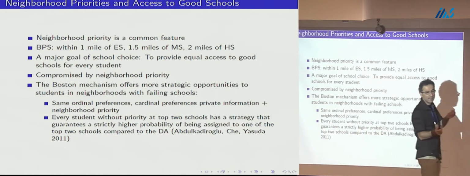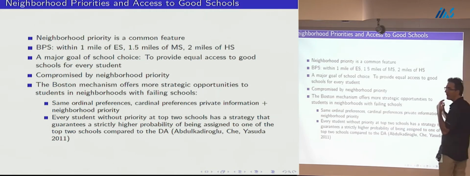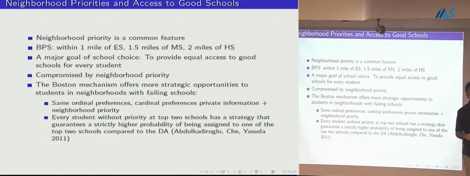Why? Because in deferred acceptance, regardless of what your priorities are, what your underlying cardinal valuations are, you always tell the truth. And actually, you do not risk anything by doing that. So if your neighborhood school is not your first choice, you can still rank it as your third choice, and you are not going to give up your priority at your neighborhood school.